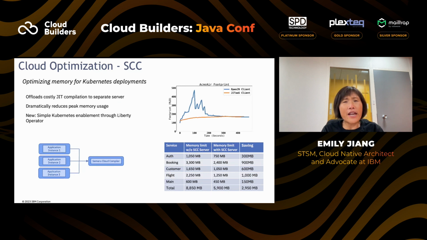in the JVM world, OpenJ9, which is another open source Java runtime JVM, has a new innovation called Semeru Cloud Compiler. Semeru is basically packaged OpenJ9, and it's a product that has an enterprise edition and also a free edition, which is free to use as well. Semeru Cloud Compiler separates the JIT from the JVM and deploys it to the cloud as a service.